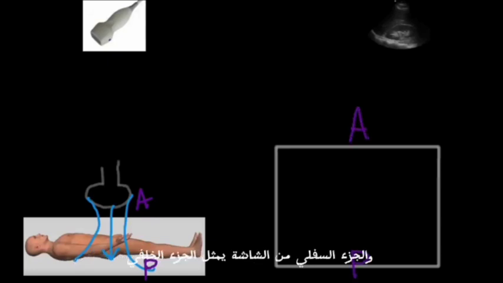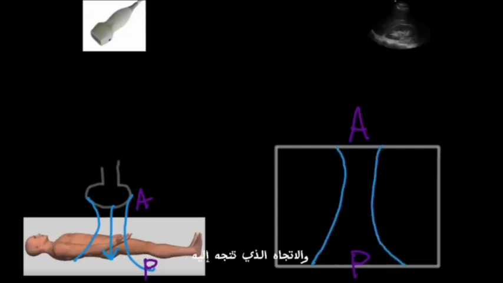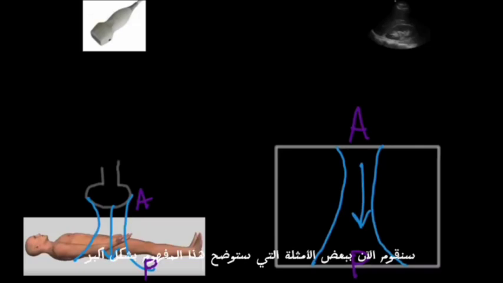So then on my ultrasound screen, the near field, or the top part of the screen, is anterior, and the bottom part of the screen is posterior, because that is where I'm shining my beam from and where I'm shining my beam to. So we're going to do some examples that will more solidify this concept.